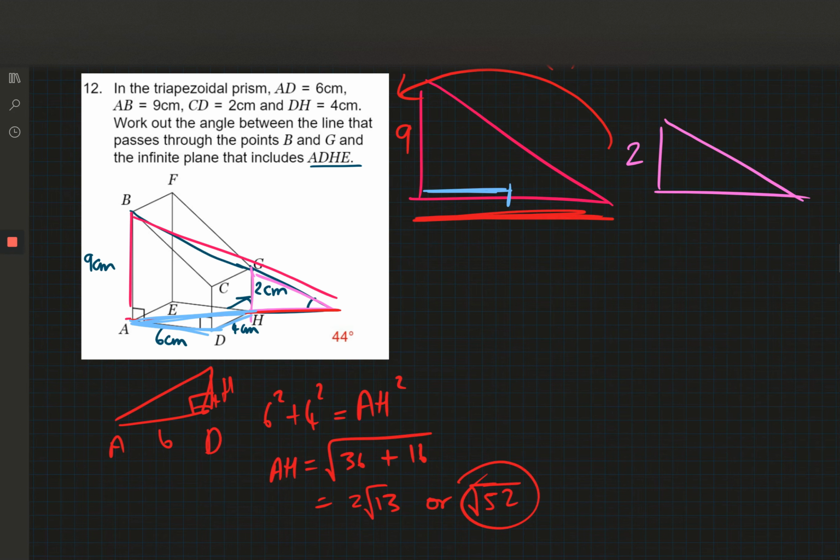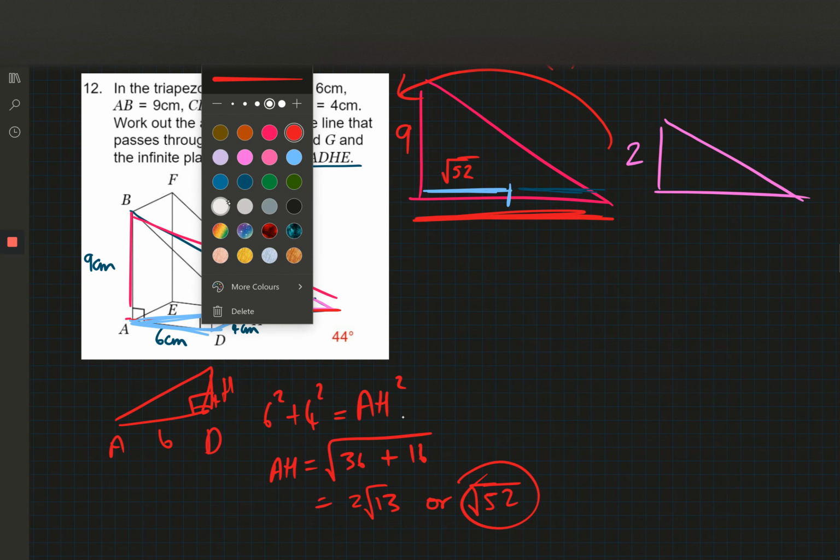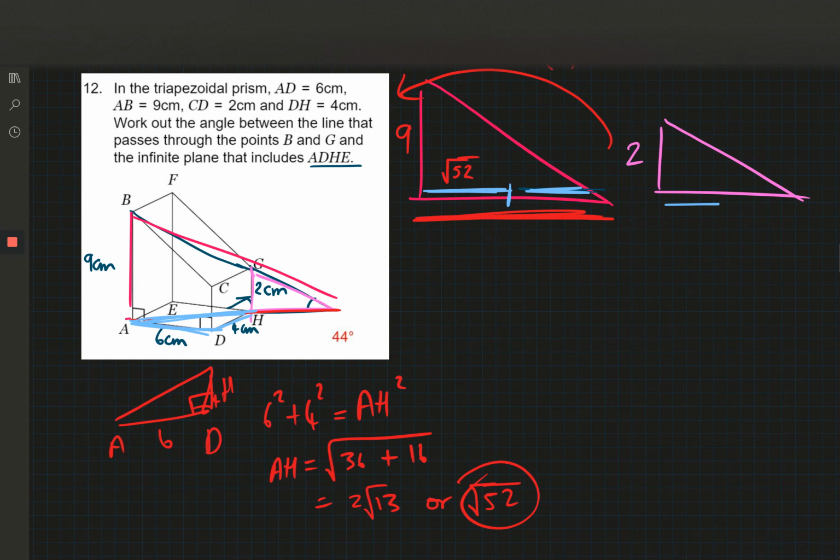Now I have this length here as root 52. I don't know what this length is here, but I do know that it matches the base length of the small triangle. So we can just call this x. We can call this x.